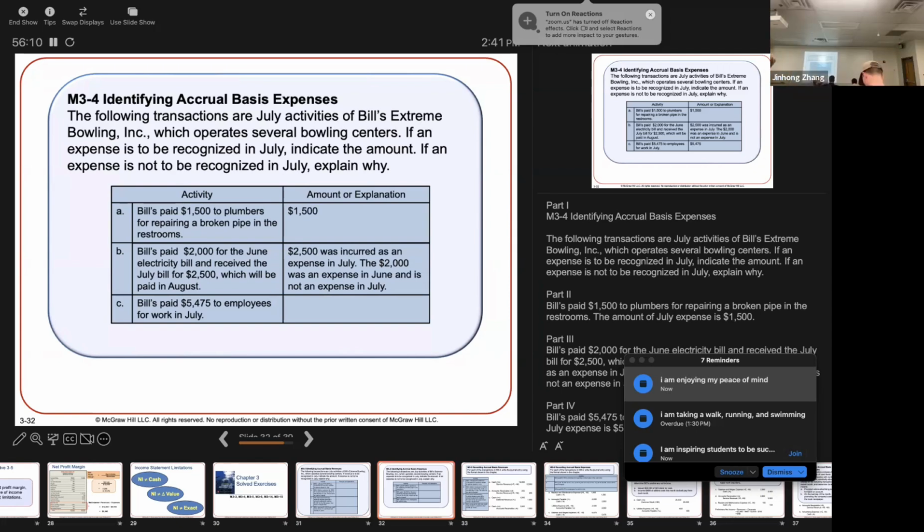Bill paid $2,000 for the June electric bill and received the July bill for $250, which will be paid in July. Okay, so the June bill was paid. That's already booked previously, right? So you basically reduce accounts payable and reduce cash. And now the bill in July, you need to book it.